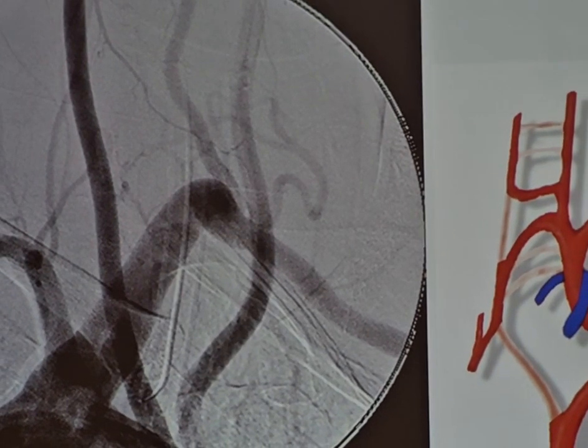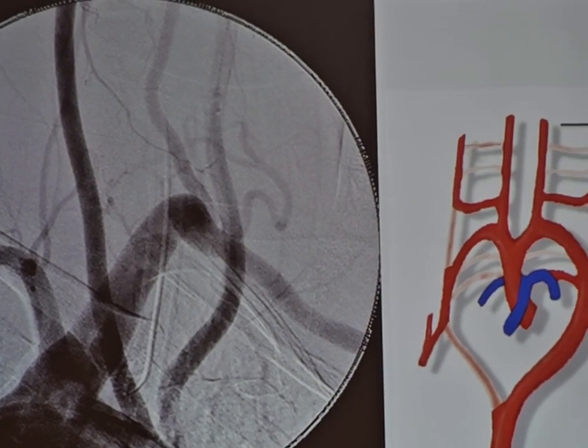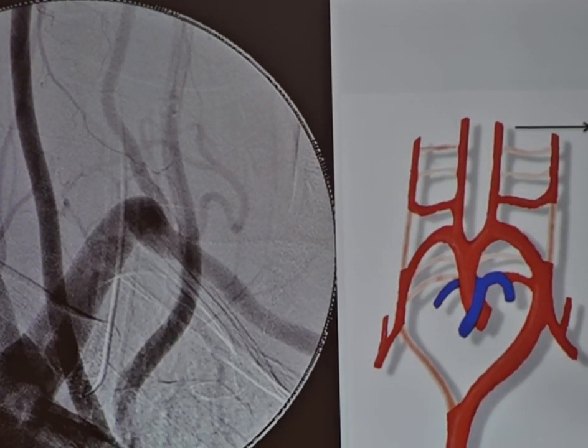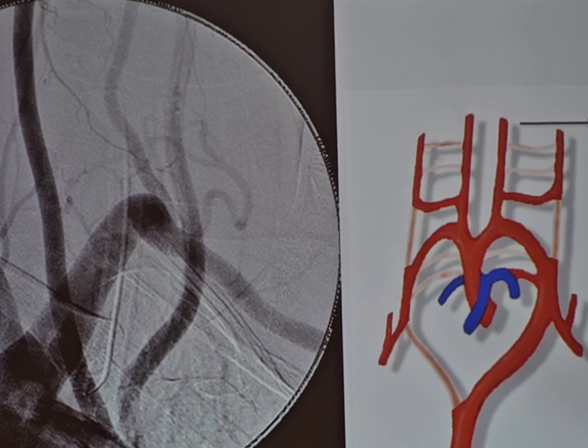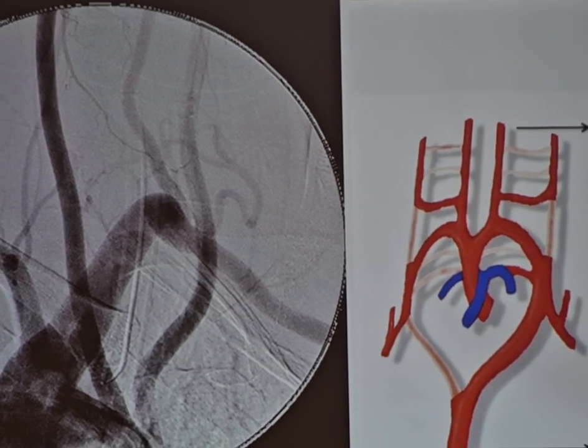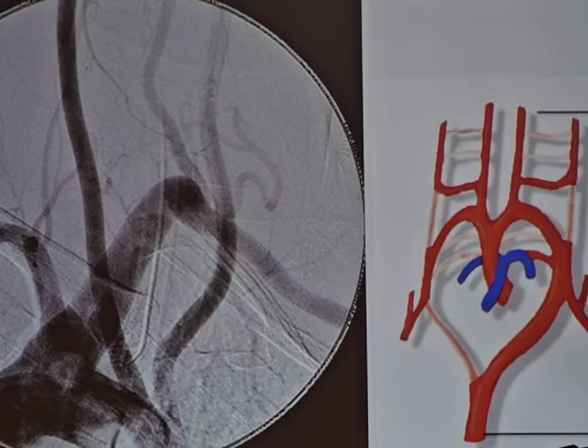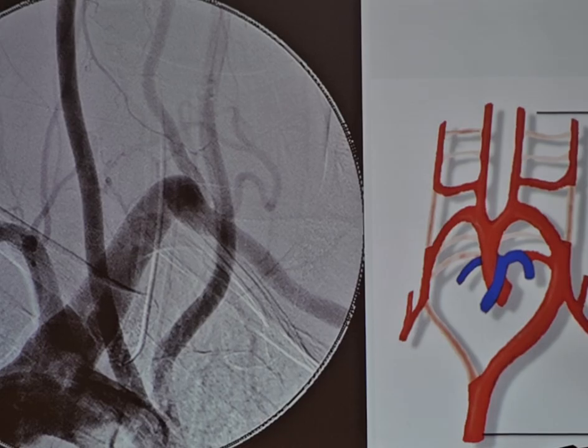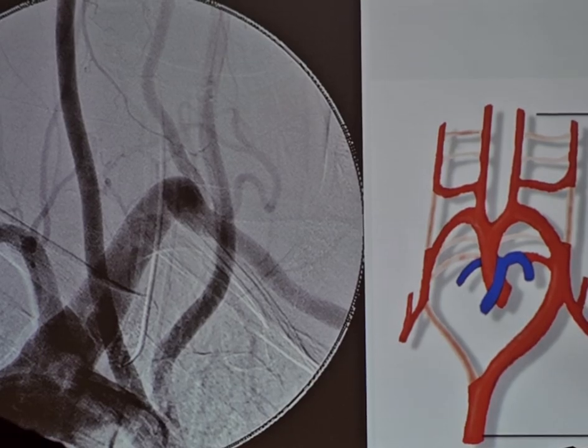I think one important feature of this type of fistula, when you think about using Onyx, is that unless you are using a balloon, you will have reflux. And the problem is the harpoon shape that you are in.